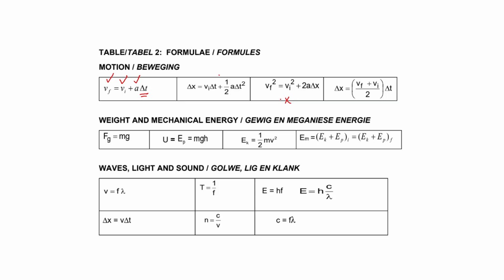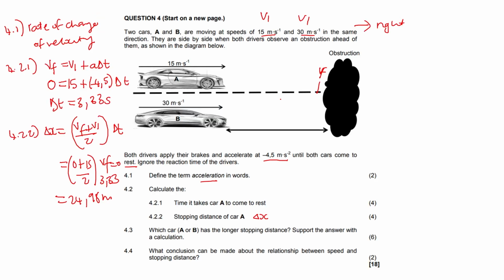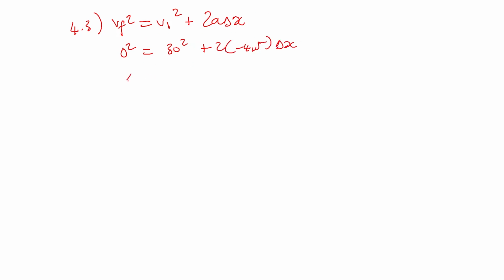Or you can use a time formula and check whether the time is longer. I'll show you both. In 4.3, we use the nice formula here, because they ask you for distance. That was 30 squared plus 2 times minus 4.5, and you do your math calculations and you get the distance to be 100 meters.